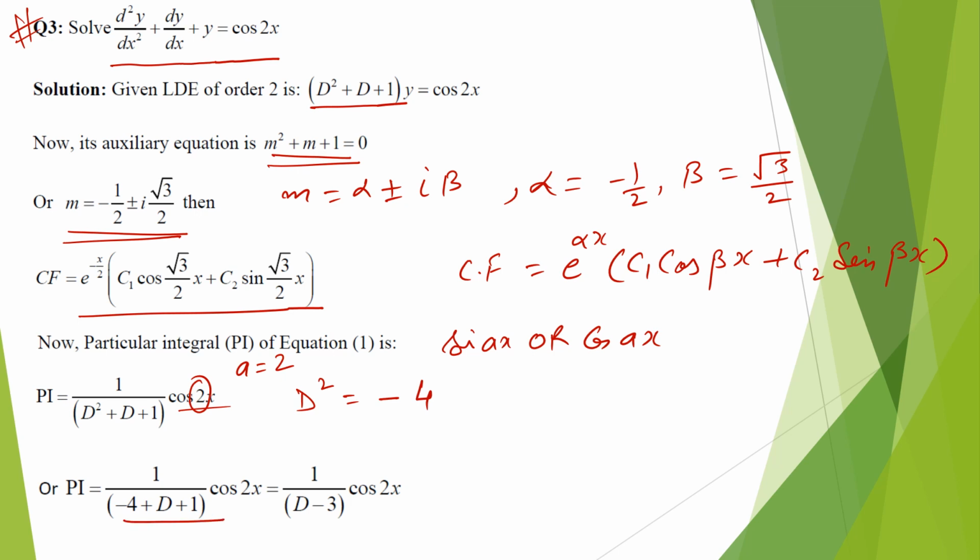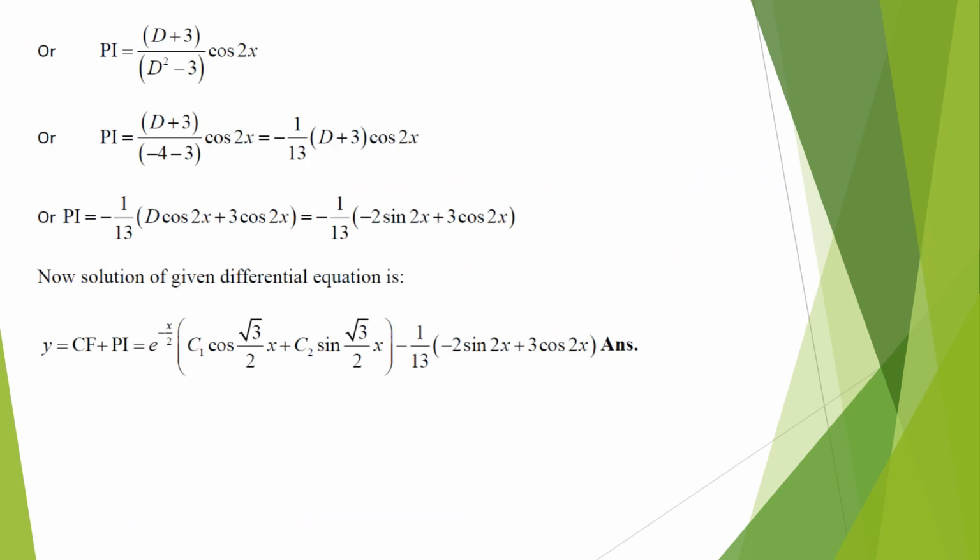Replacing it, we get minus 4 plus d plus 1, that will be d minus 3. Because this is d minus 3, if it were only d, then we would integrate cos 2x with respect to x. But this is d minus 3, so we have to rationalize it.